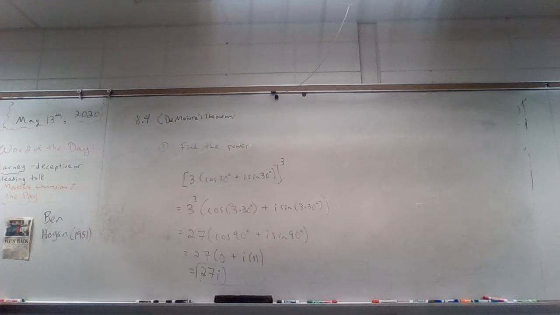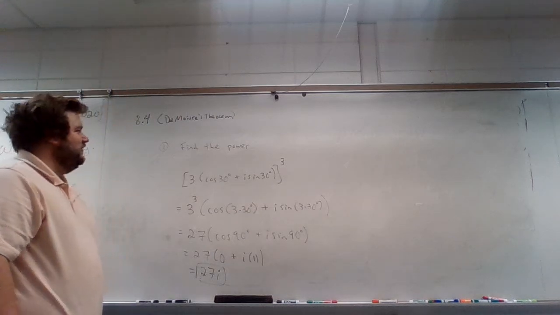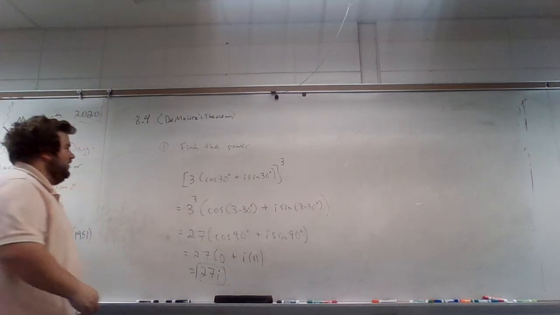Okay, so not too bad. I mean, it would have been harder to go through if the number wasn't in trig form originally and then multiply it by itself 3 times in order to get that result. Whereas if we're in trig form, then we can apply De Moivre's theorem, and boom, we get the result, right?